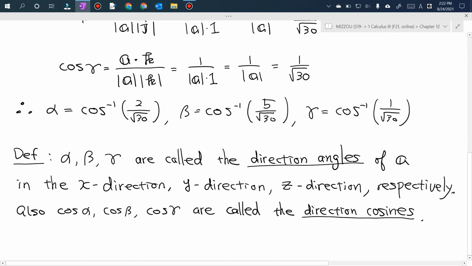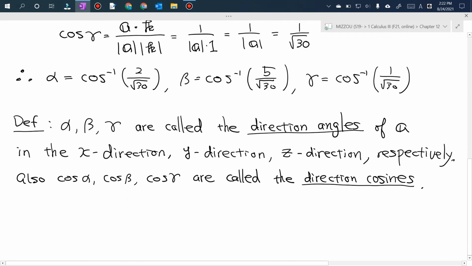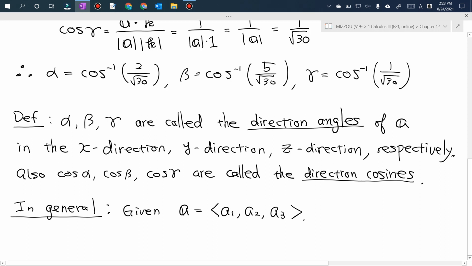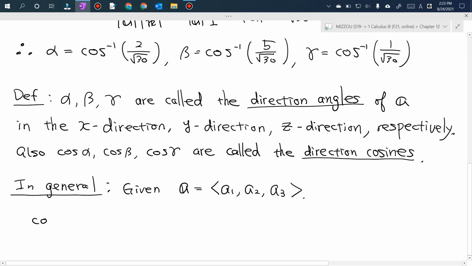All right. So in general, here's a formula. Given a vector in R3, A1, A2, A3, cosine alpha is what?